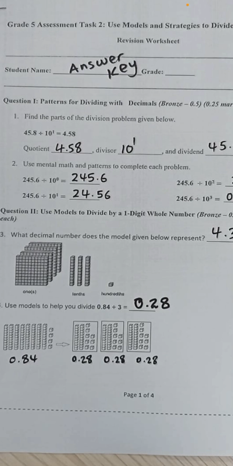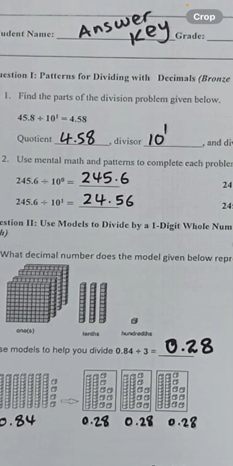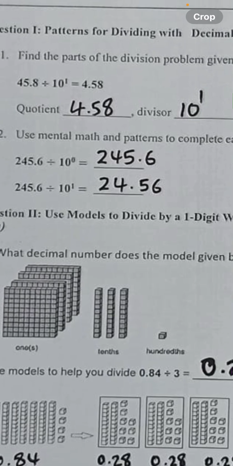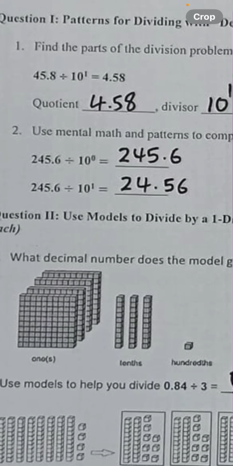Now question number 2, as you can see, use mental math and the patterns to complete each problem. 245.6 divide 10 power 0, which means 1. So we don't move the point, we keep it as 245.6.